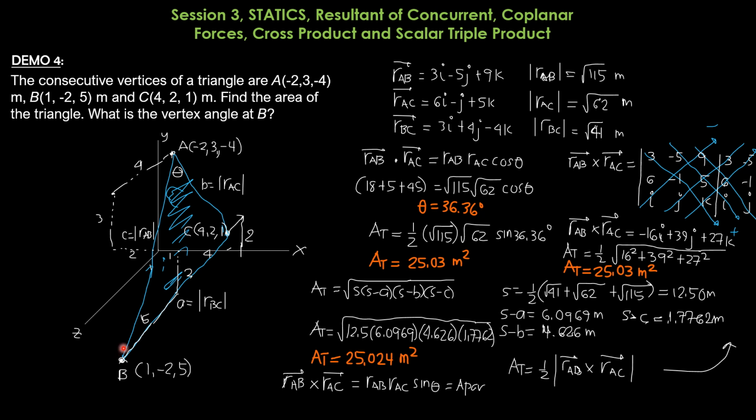Now AB, because this vector is directed from A to B, it is 1 minus negative 2, so 3i, then negative 2 minus 3, negative 5j, then 5 minus negative 4, 9, so 9k. That's RAB.